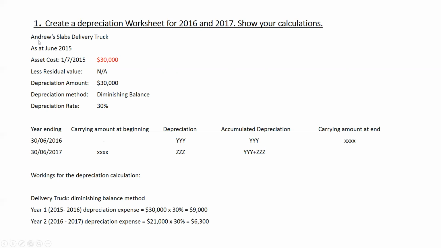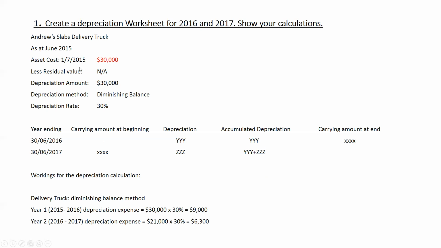The important thing you need to write at the top, as for all accounting documents, is first the company's name and the asset's name if it's related to an asset. Date is always important for accounting because if you're working in a company, you'll get thousands of documents, and to find and separate them, you need to have proper dates.